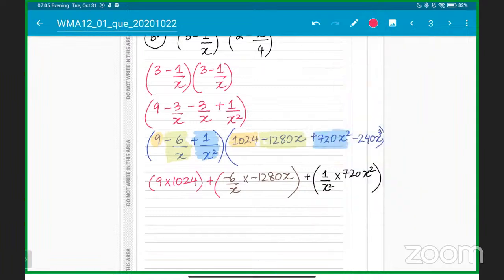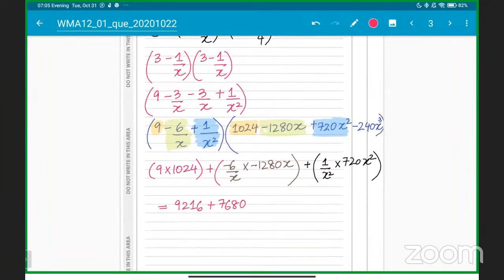So here we go, students. The final answer will be 9 times 1024. We got that as 9,216. And 6 times 1280. We got that as 7,680 according to my calculation, okay? Plus 1 times 720. So here we go.